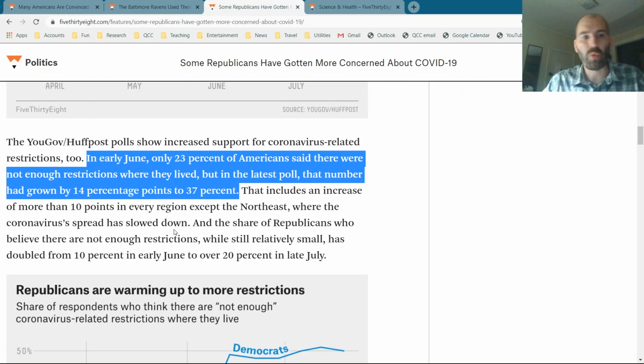So what is the statistic, or what are the statistics here, or what's the parameter? Well, they got two numbers: 23% and 37%, and then they computed the difference between them. What were those based on? They're based on a poll. When you take a poll, do you measure everybody in the United States, every single American?